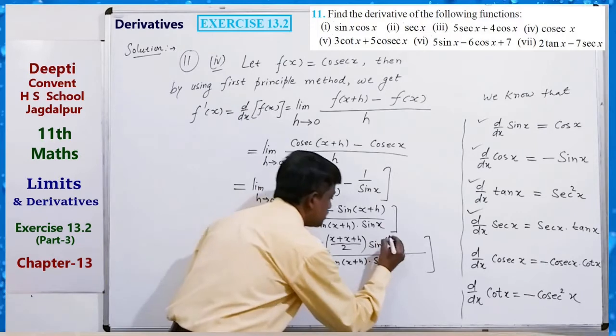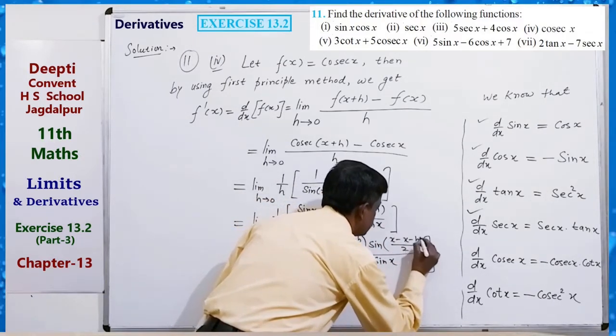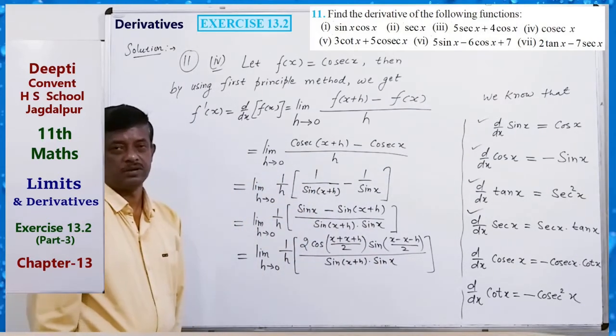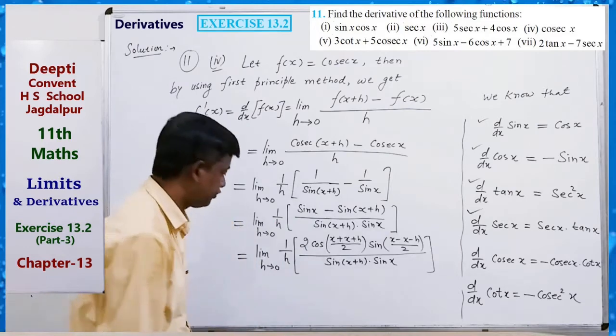That is x minus x plus h by 2, C minus D by 2. Sin C minus sin D we can use.